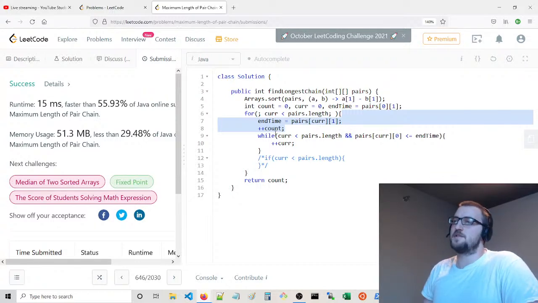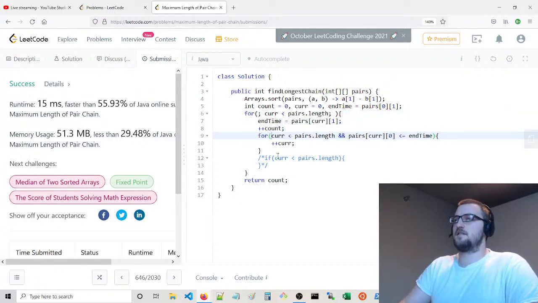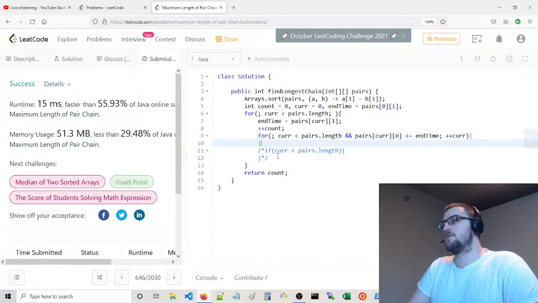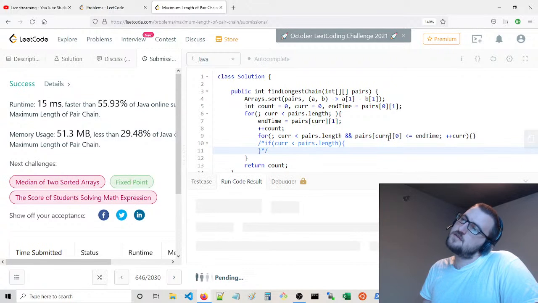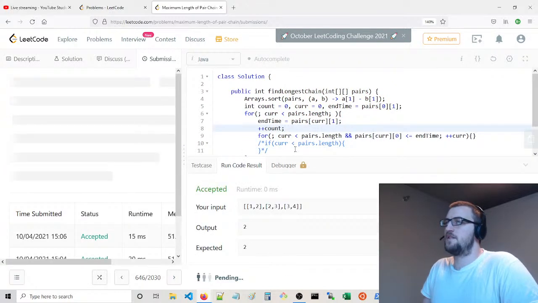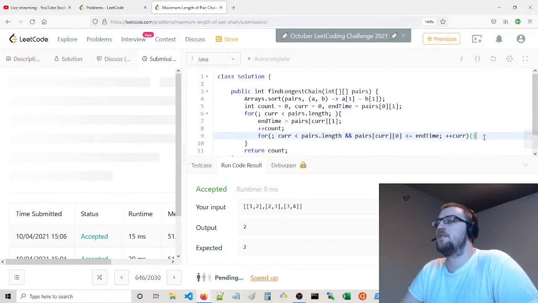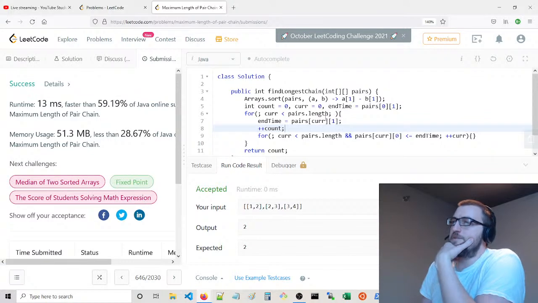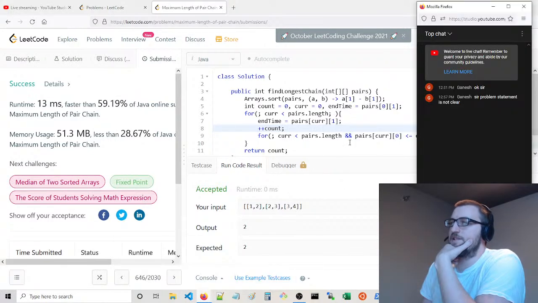This could be a for loop, certainly. I know that. But the question is, can you move these? Modify these.